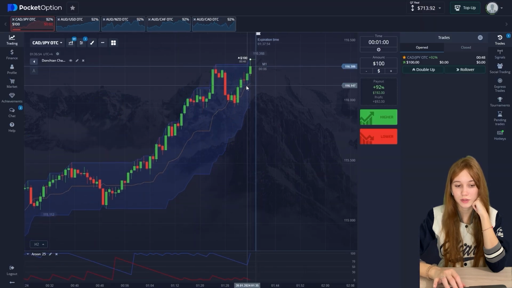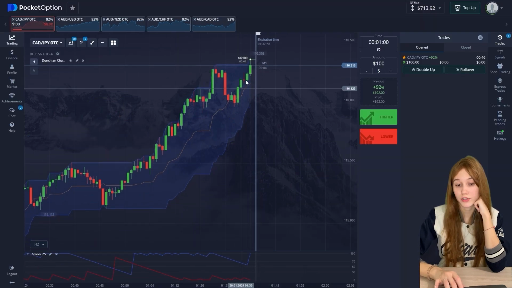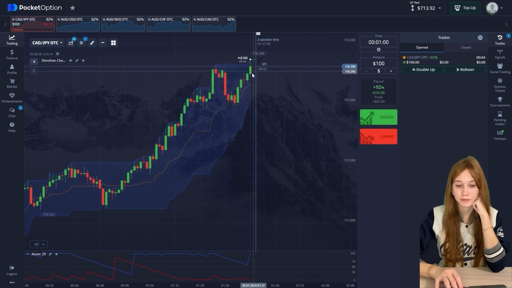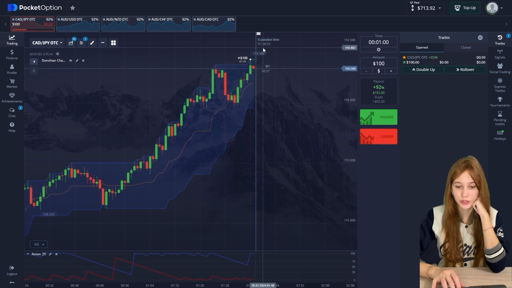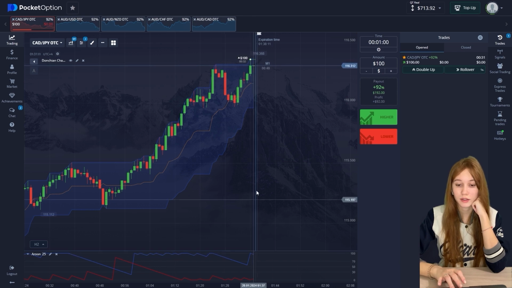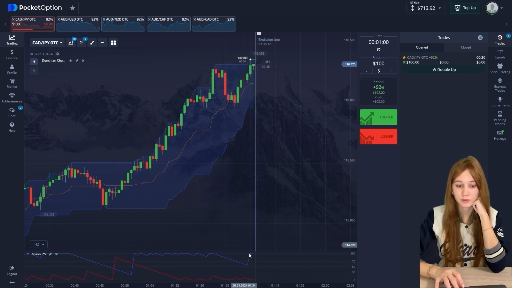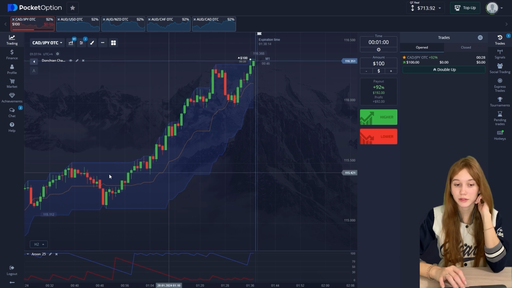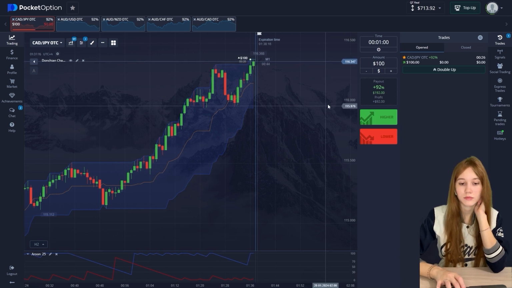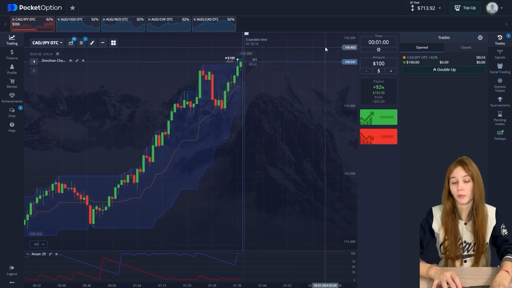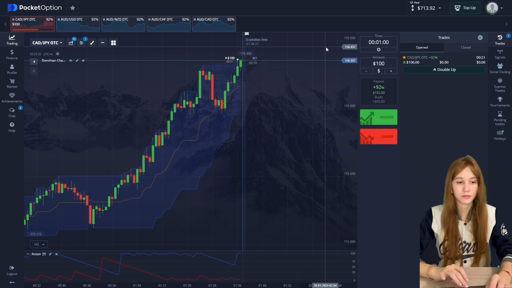Most likely we will continue the upward trend. Also we see here the Donchian channel upper borders and the predominance of the line on the corresponding indicator. Let's look if we opened our trade correctly.